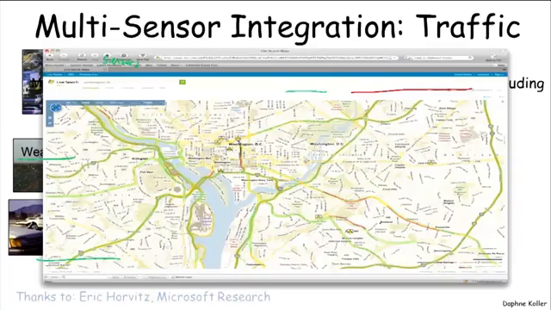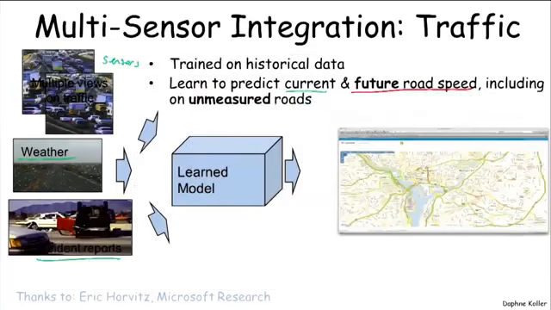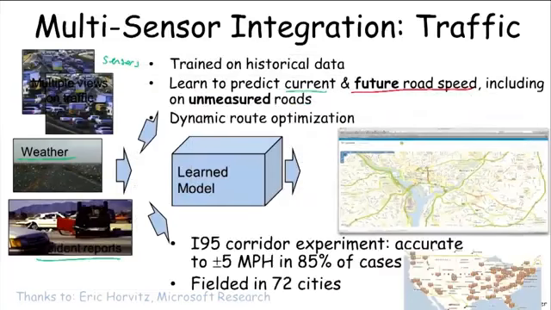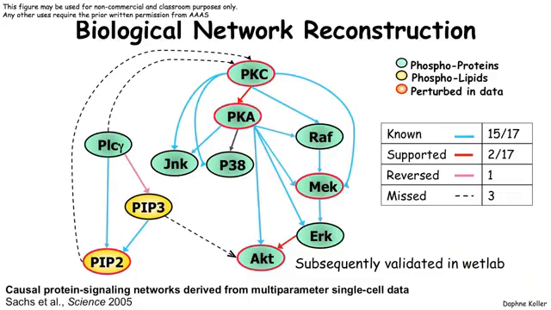And it turns out that this was a very successful application that was fielded in several large cities and with very good results. From a totally different application domain, probabilistic graphical models have been used very successfully for discovering new knowledge that we didn't have before.